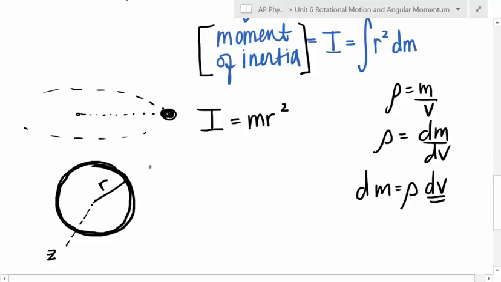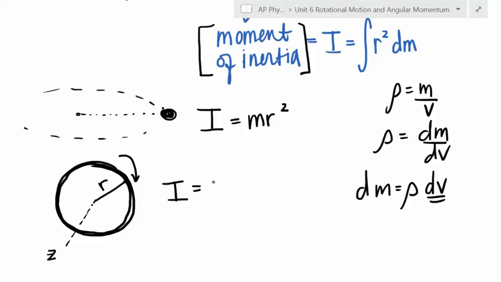That's the z-axis. If it's rotating like this, then the moment of inertia of that, because all of the mass is located at the same position, you could concentrate it and think about it as just being a particle, add up all the little bits of mass, and it's the total mass of the hoop, and it's also mr squared. So that's kind of nice.